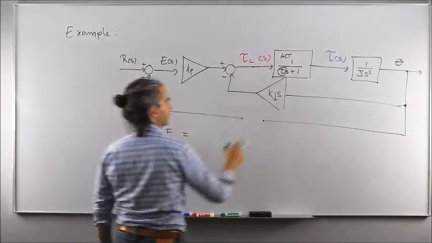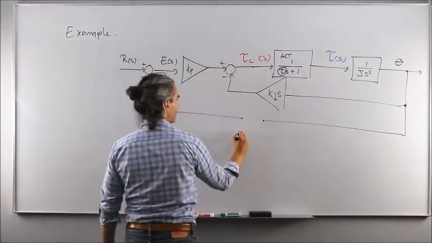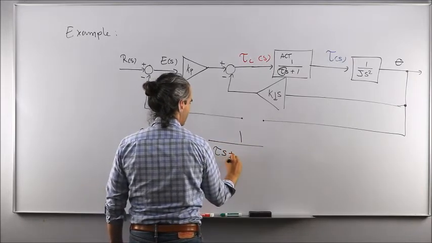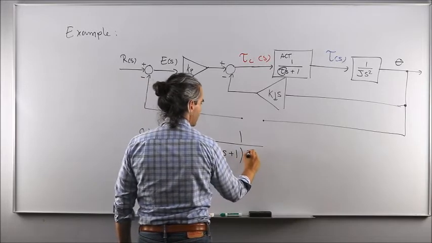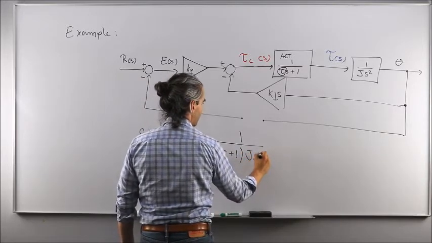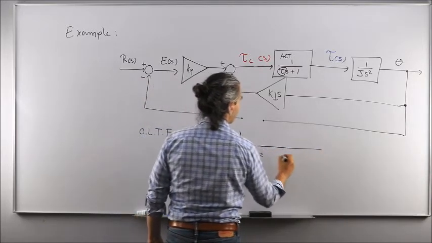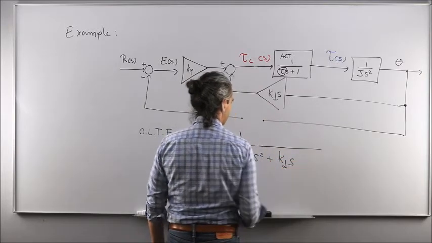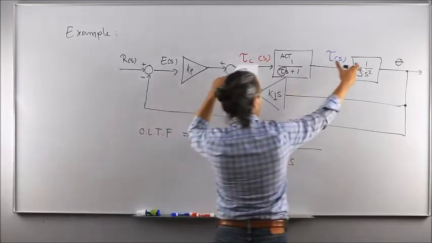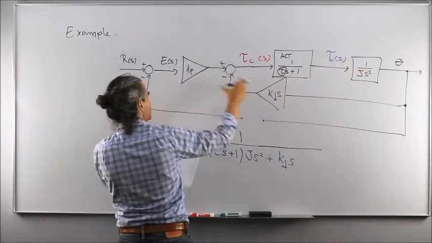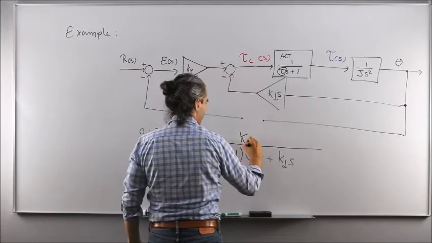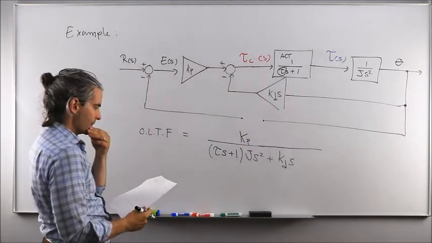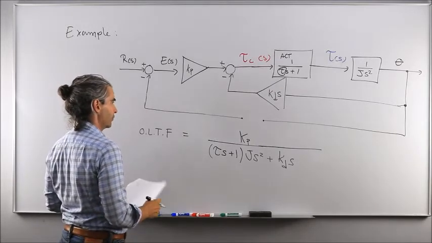Okay, so I'm multiplying these two together: 1 over tau s plus 1 times J s squared plus Kd s. That will give me one transfer function here, but then that one needs to be multiplied with Kp. There you go. Okay, so that is your open loop transfer function.